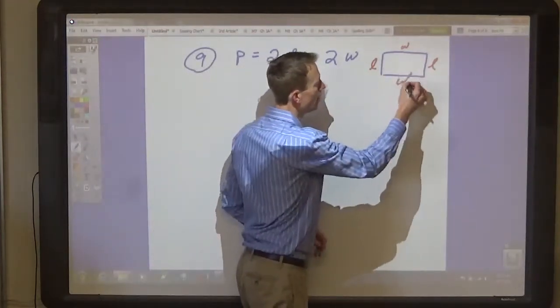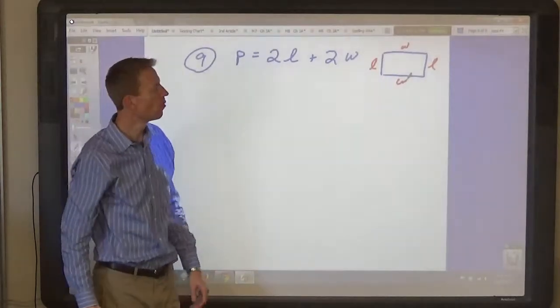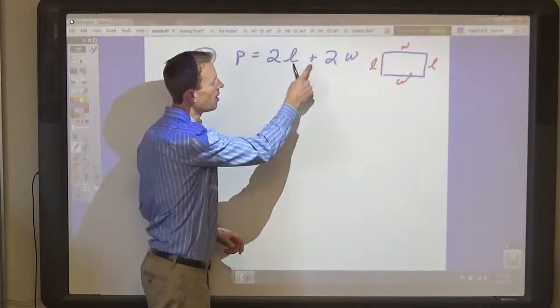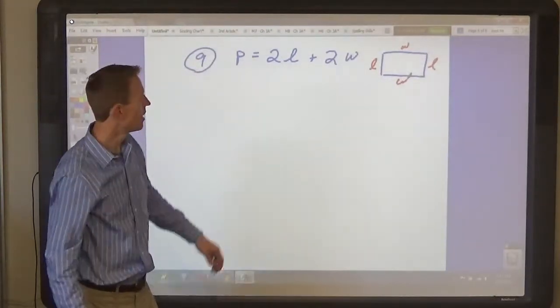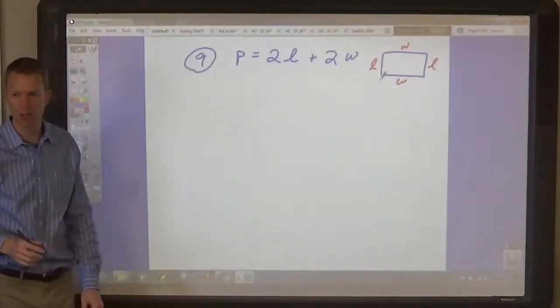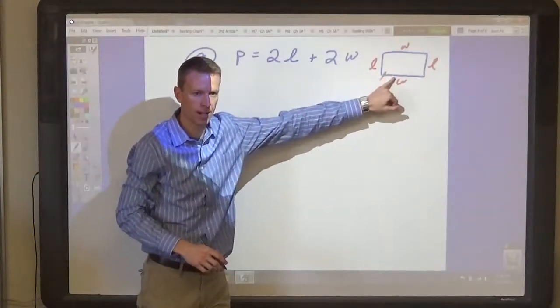And there's 2 W's that are the same. So if we add these together, 2 times whatever L is plus 2 times whatever W is, you'll get the perimeter of the whole thing, right? Perimeter is the distance around. So that should help you remember the formula, okay?